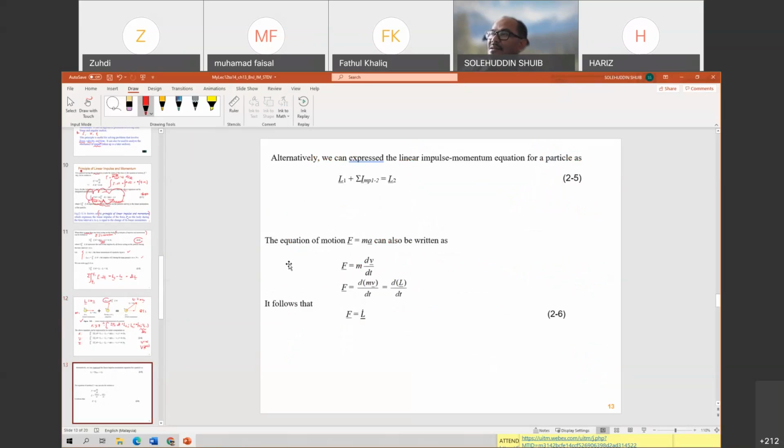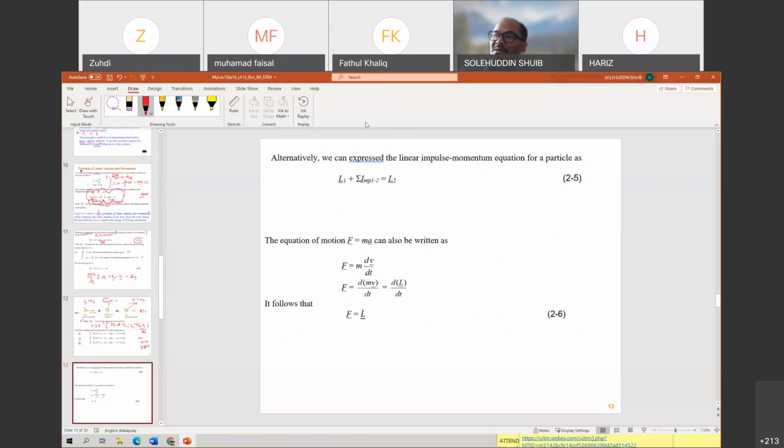We can also express this equation in the following form, which may define the final linear momentum of the particle equal to its initial momentum plus linear impulse over a finite period of time.